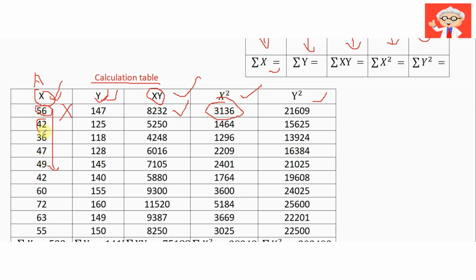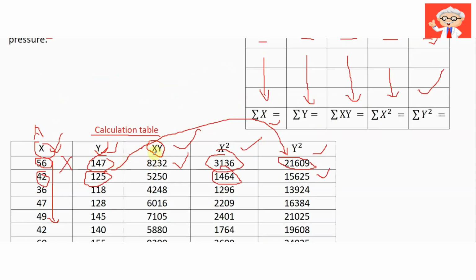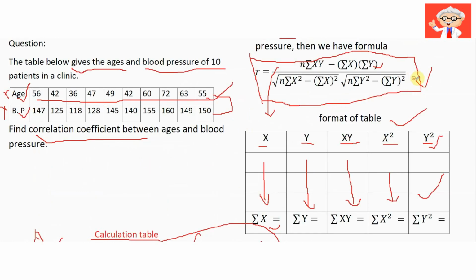When we square 42, we get 1764. Similarly, we can calculate y square by squaring 147: 147 square equals 21609. When you square the value 125, you get 15625. In this way we can calculate all the values required in this formula.